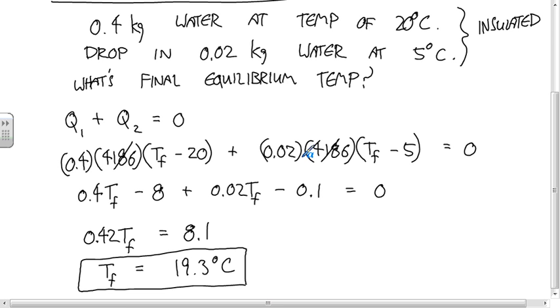So let's talk about calorimetry with phase change.